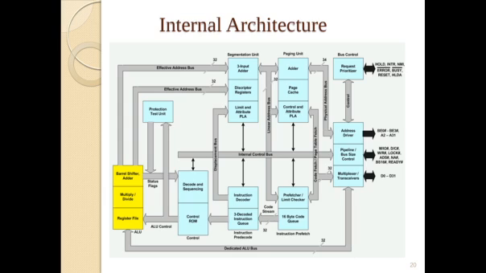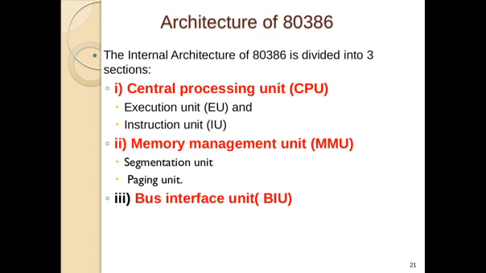Then the internal control bus will transmit signals from the control unit to the bus controller. Then we have the control bus, which communicates between the bus control and the address driver. Such a number of buses are used internally to connect internal parts of 80386.